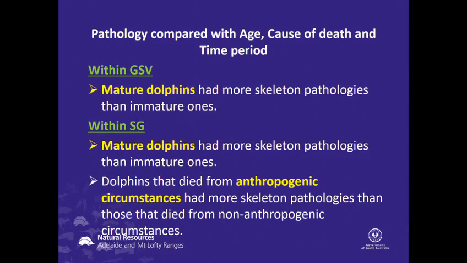So as they're getting older, they have more skeletal pathologies. And the same tendency we found in Spencer Gulf as well. But interestingly, the dolphins that died of anthropogenic circumstances had more skeletal pathologies than those that died of non-anthropogenic causes in the Spencer Gulf.